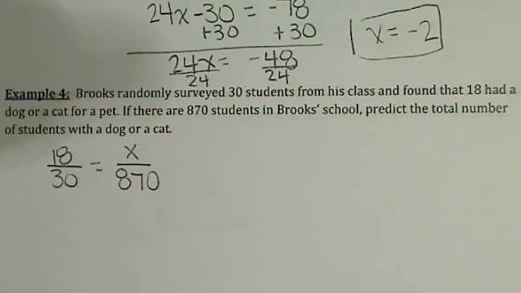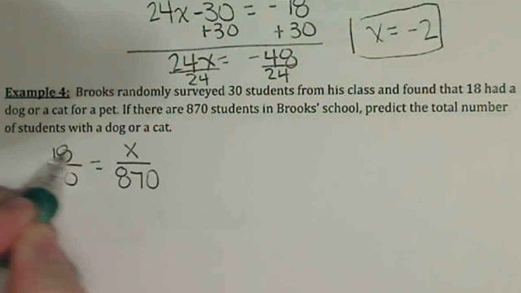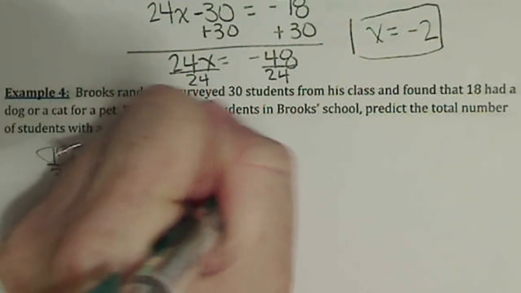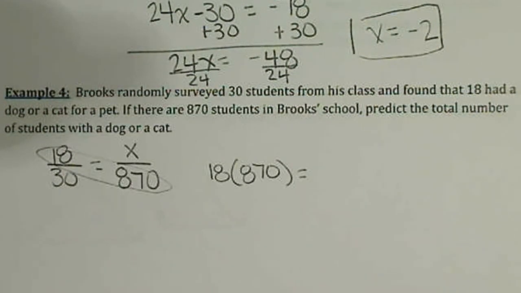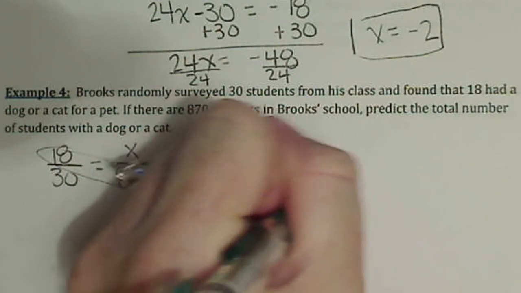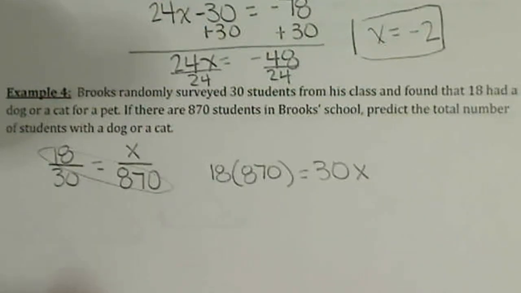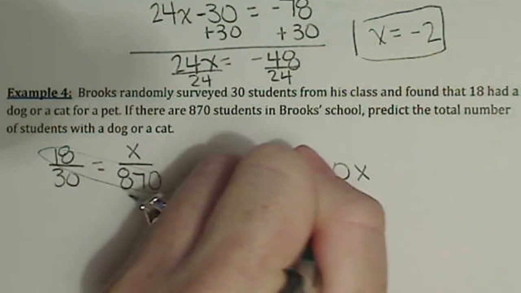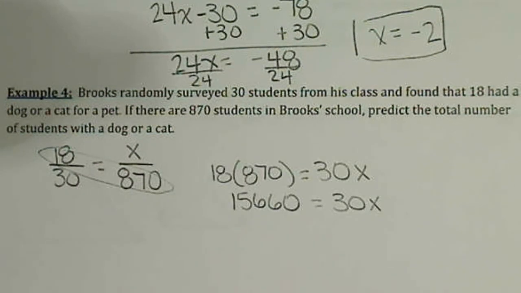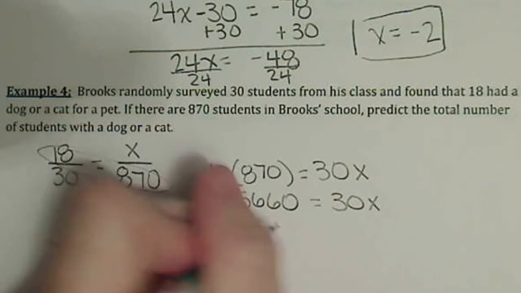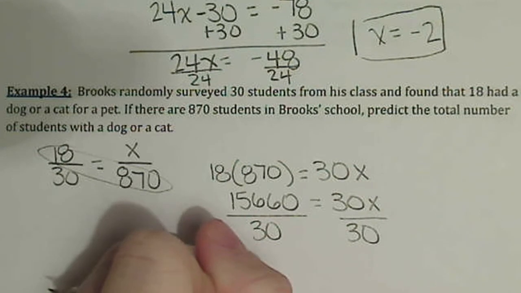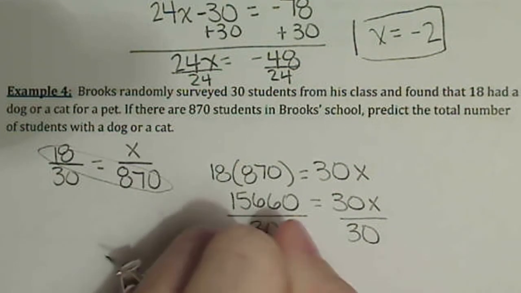So there's our proportion. We're going to solve it just like we did in example 3. 18 times 870 equals 30x. Multiply, you will get 15,660 equals 30x, and then divide by 30. x will equal 522.